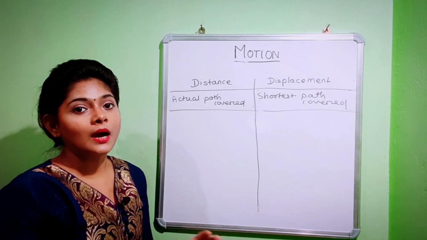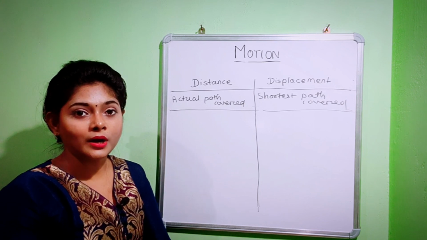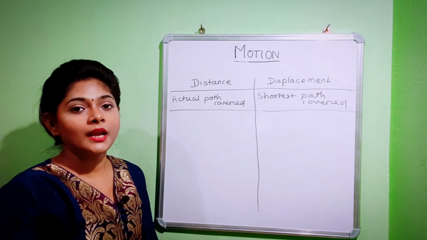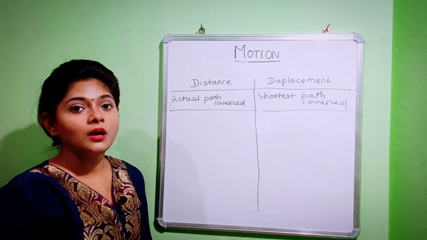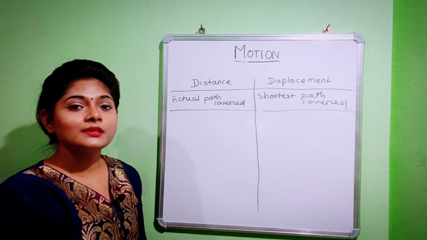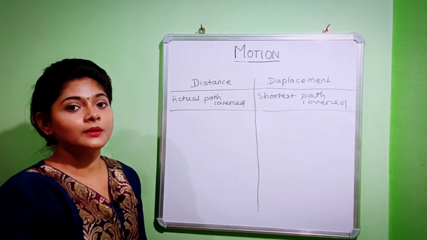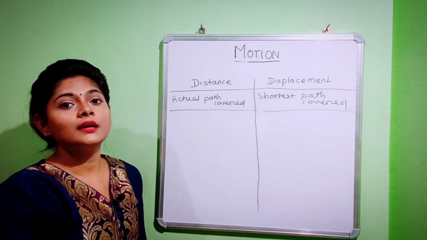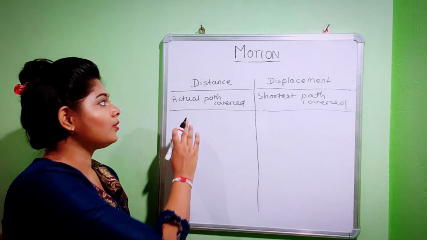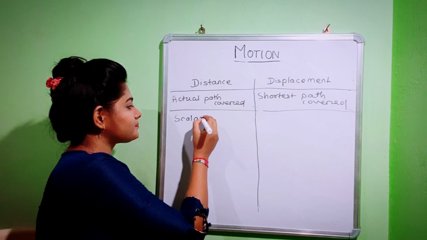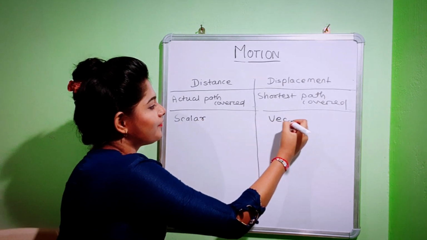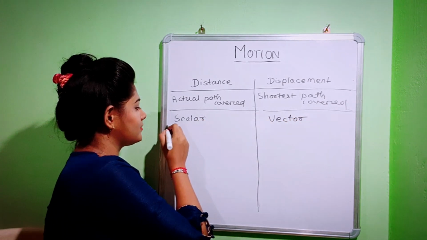But when we say Ram moves 5 km towards east or Ram moves 10 km towards south, that is direction given. So in distance there is no need of direction, but in displacement the direction is given. So distance is a scalar quantity and this is a vector quantity.